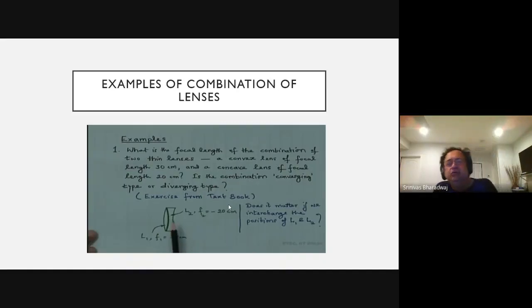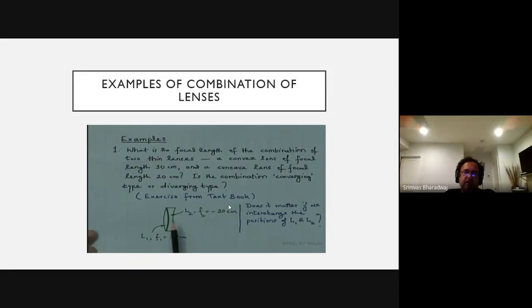Okay, so you do the LCM, you will end up with 30 times 20 is 600, and 30 minus 20 is 10. So 10 by 600, negative 1 by 60. So the combination will be 1 by 60.